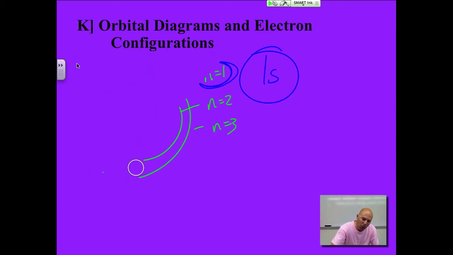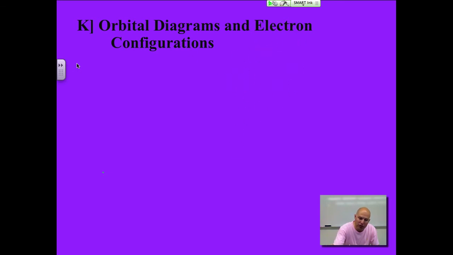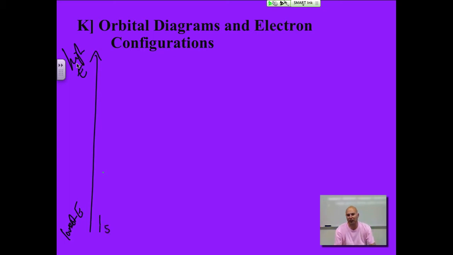Okay, so let's take a look at lowest energy to higher energy orbitals. The lowest energy orbital is the 1s. Now, what's going to be the next lowest? There's no more 1s, right? We have the 1s, but then there's no 1p, no 1d, so it goes to the 2s.